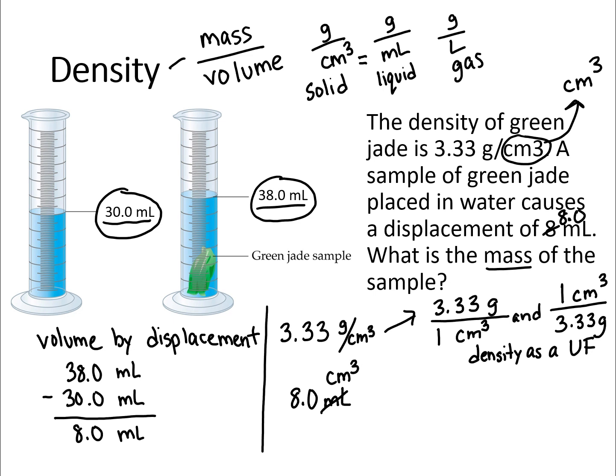They're the same thing. 1 centimeter cubed is equal to 1 milliliter. We now need to choose a unit factor to go from centimeters cubed to grams. That means we're going to choose the one that has centimeters cubed in the bottom.